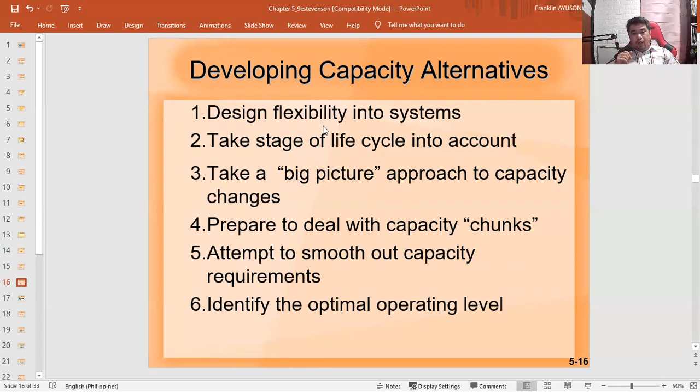So therefore, we should also seek some development in our capacity alternatives. In that concept, this means the organization being flexible, whether to expand, what the level of expansion is, or to shrink the capacity of the organization.